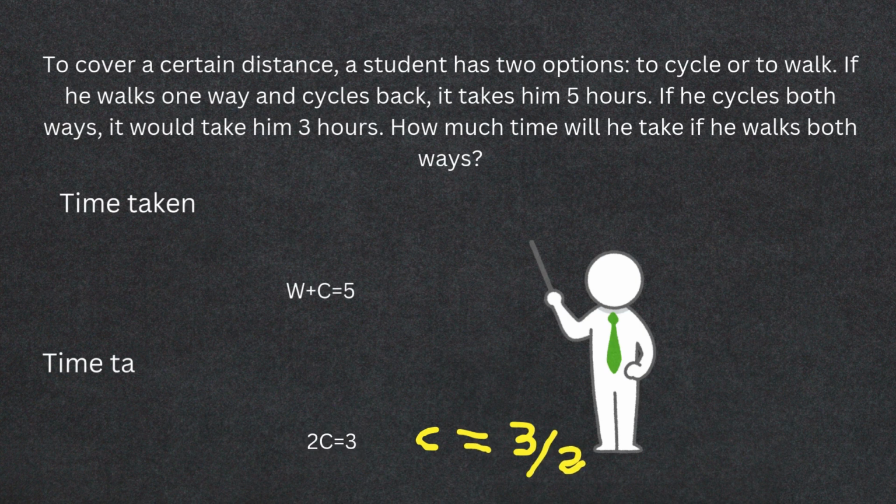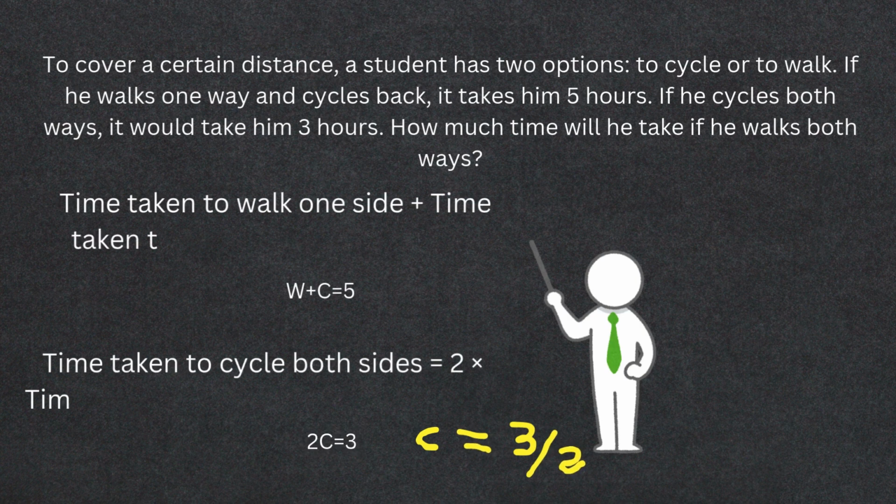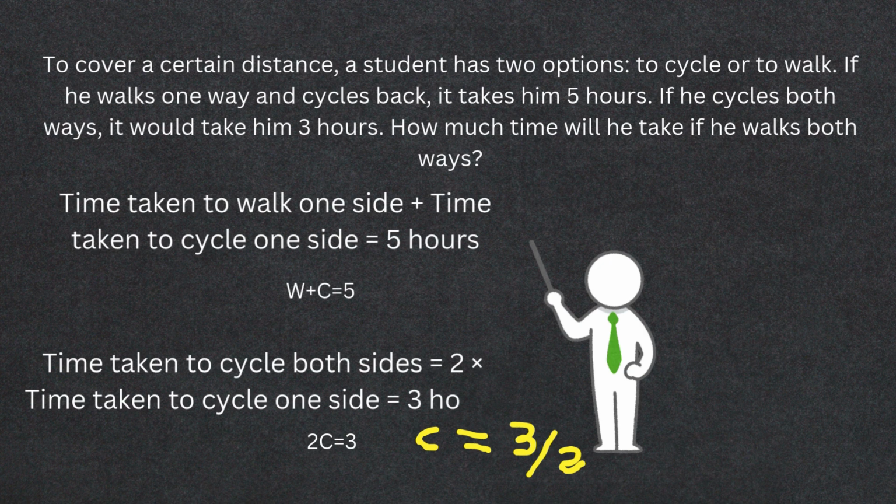So let's define some variables for this, and then calculate the cycling for both ways. From the problem, walking one way plus cycling back takes 5 hours, and cycling both ways will be 3 hours.